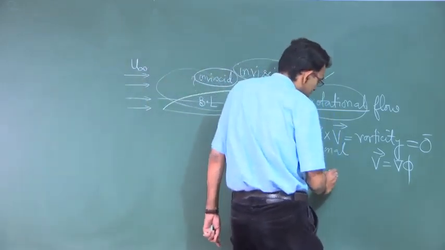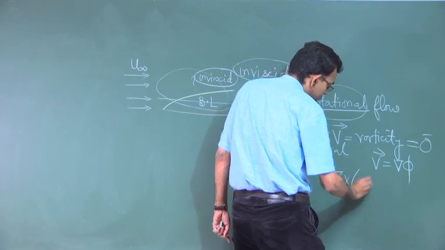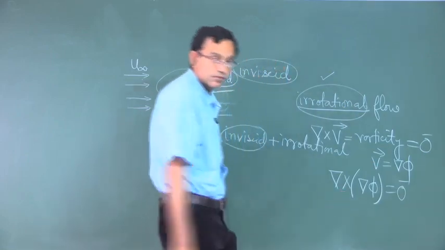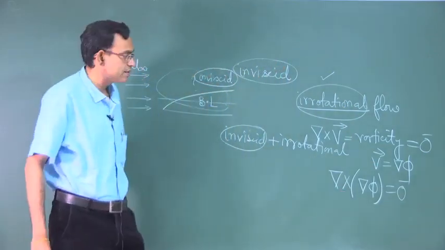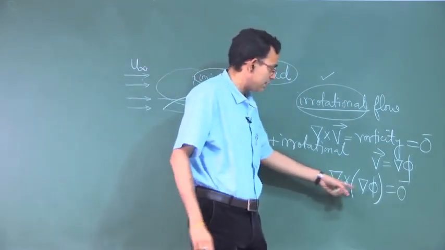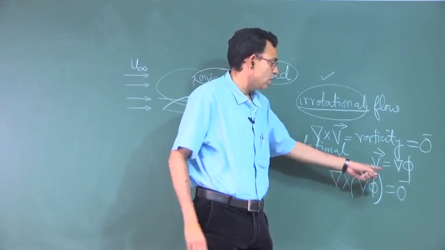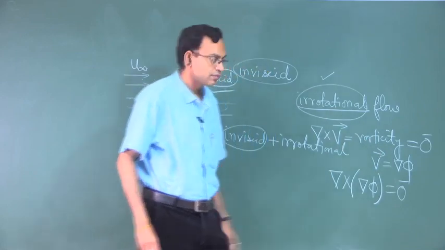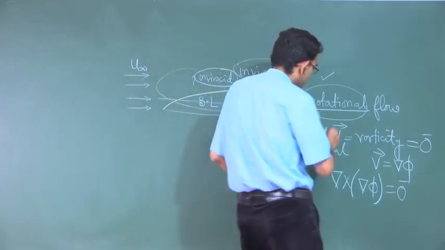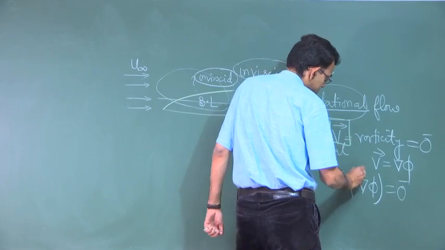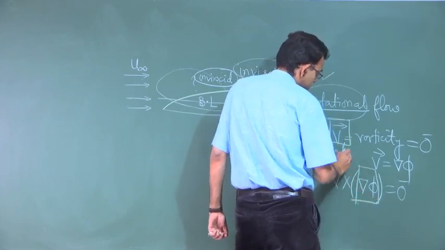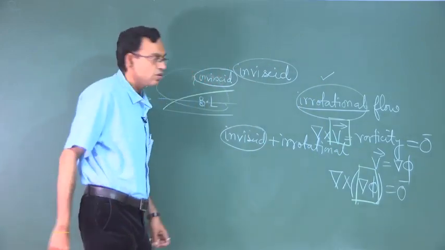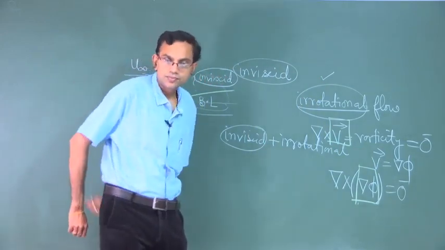This is based on the vector identity: curl of grad of a scalar potential is a null vector. So that means we can say that these two are synonymous when the right hand side is 0.